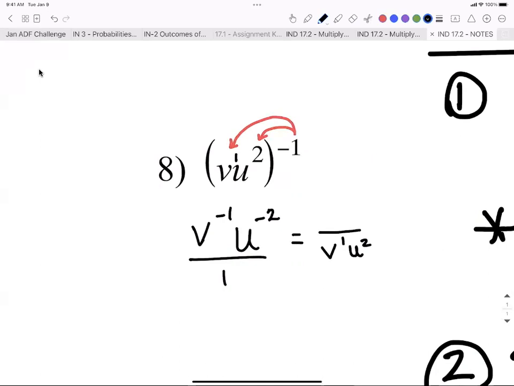And then again, just the rules of math, you don't leave the top of a fraction empty. We don't ever think of it this way, but why do we really still have a 1 up there? Yes, we always say we just don't leave the top of a fraction empty, so we stick a 1 in there. But really, that's not the math behind it. This was really a 1v, and this was really a 1u.